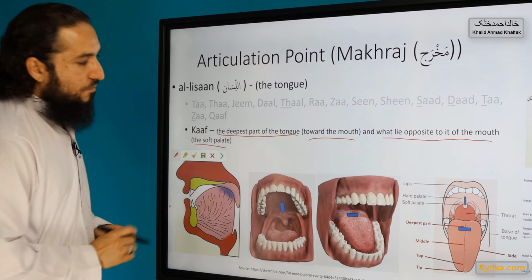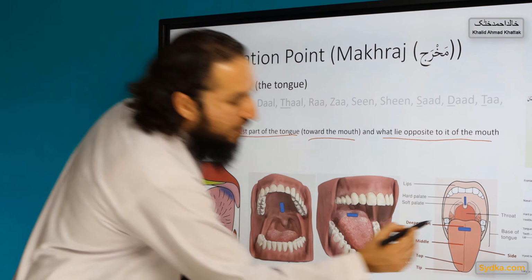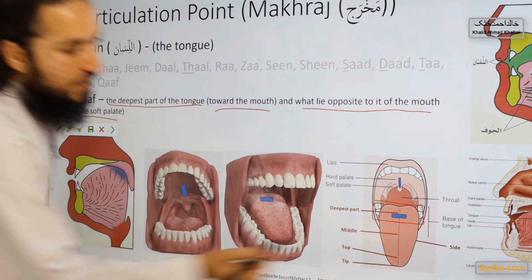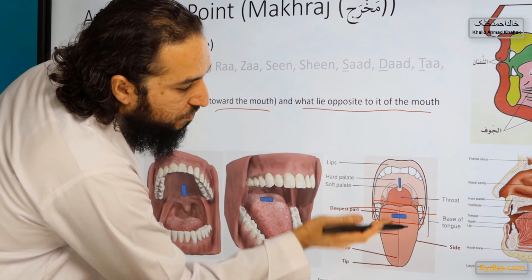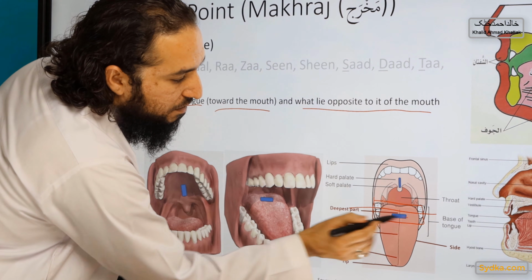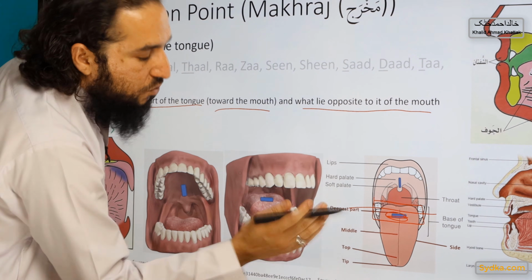The deepest part of the tongue, we divide this into two. This side is towards the throat, and this side is towards the mouth or towards the teeth.